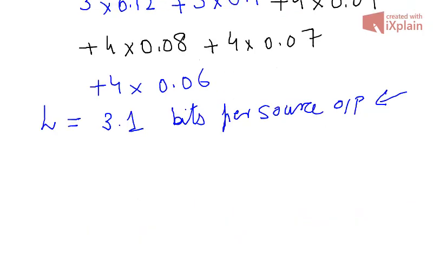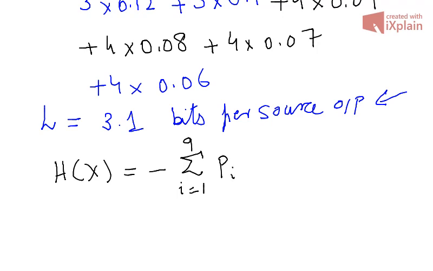Now if you want to find the entropy for this system, to compare it with the lower bound or the efficiency, you can compute this summation for all these probabilities which are given, pi and log of pi.